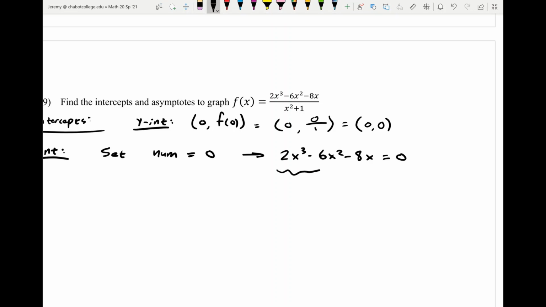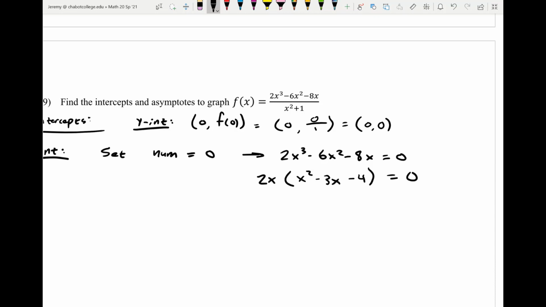This is a cubic function, so you might be thinking, oh no, I have to use the rational zeros theorem and synthetic division to guess the first 0. Actually, we don't, because we have a common factor of x here. So I'll pull out that factor of x. You know what? Why not pull out the 2 as well? So I'll pull out 2x, and then I'm left with x squared minus 3x minus 4, if I did that correctly. Does that look all right? Yeah.